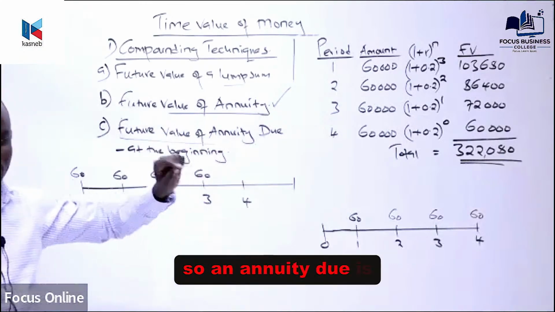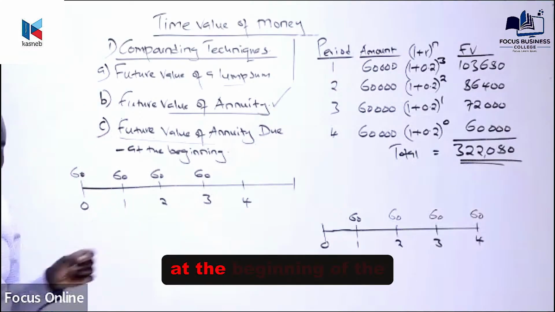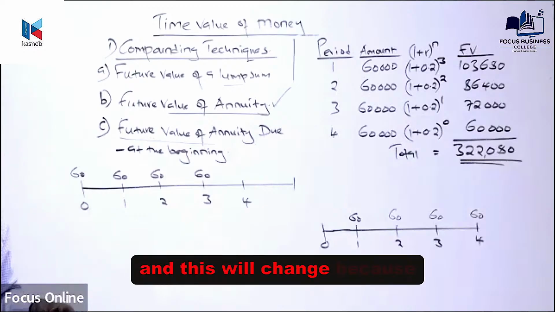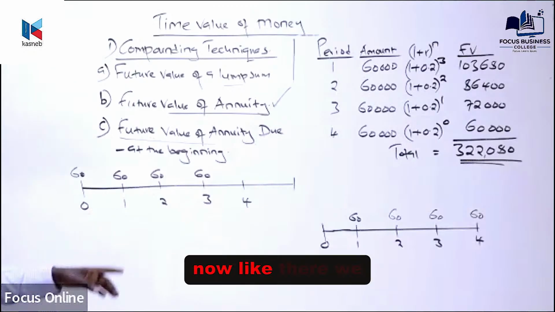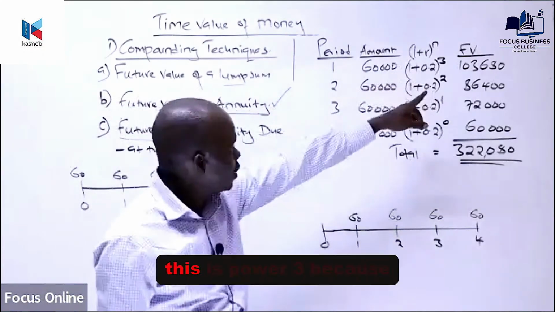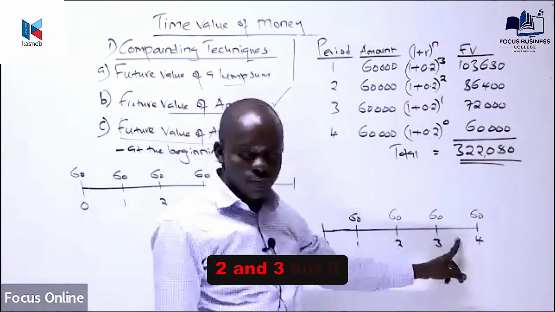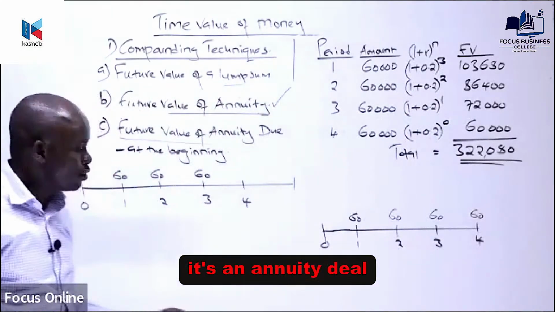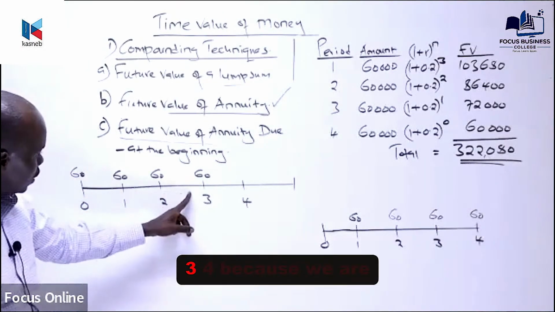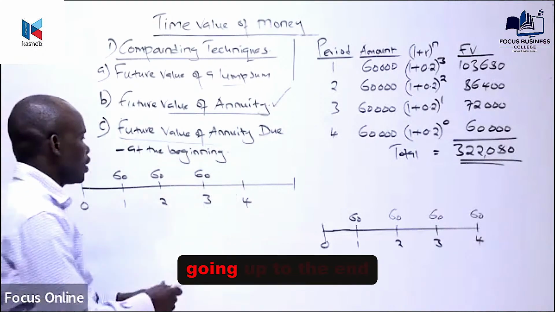So an annuity due is an amount that is invested or paid at the beginning of the period. And this will change because here we had said this is power 3 because we counted 1, 2, and 3. But if it's an annuity due, we will now have 1, 2, 3, 4 because we are going up to the end of year 4.